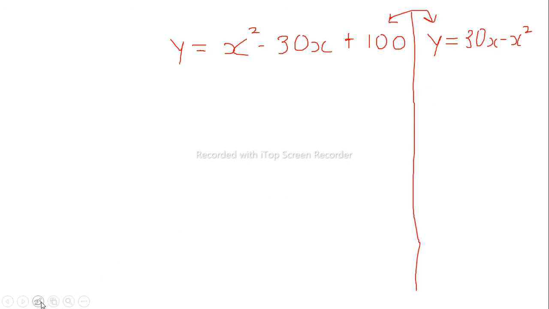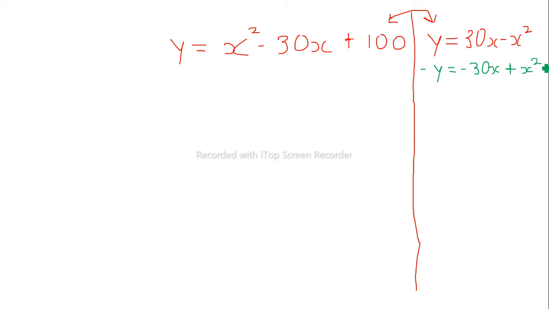The first thing that I would do that would still make sense is to negate everything, so this is going to be negative y equals negative 30x plus x squared.